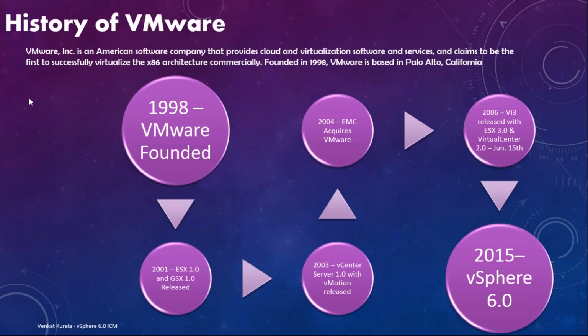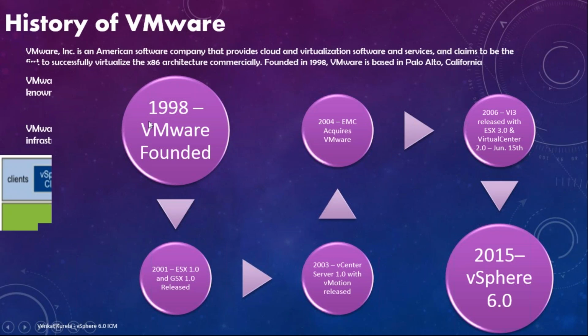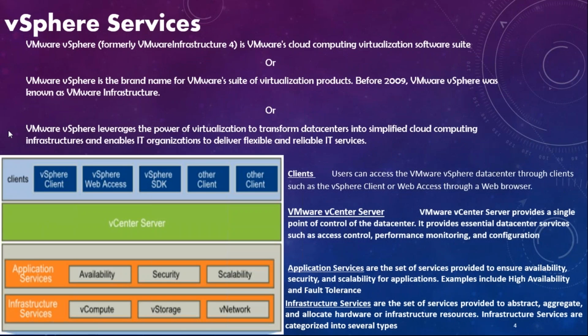Well, so with that said, let me quickly move on to the vSphere services. Well, you may ask me a question, Venkat. So far you have been talking about vSphere. What exactly is it, right? So like I said earlier, vSphere is a name given to a collection of softwares. It is formally known as Virtual Infrastructure 4, and it is actually the VMware cloud virtualization software suite.